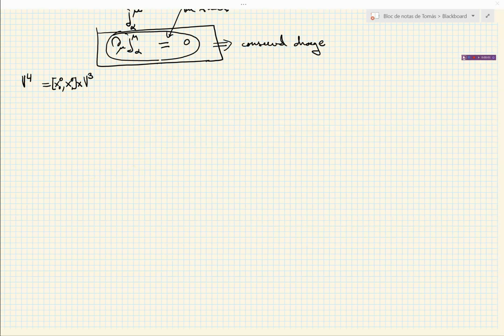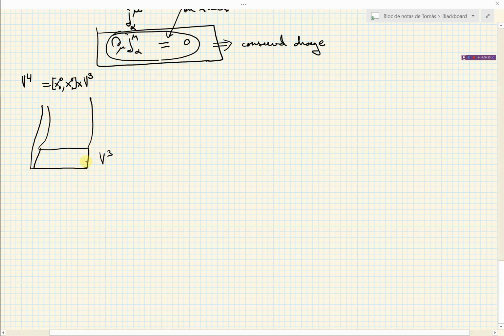This particular V4 can be visualized in this way. You have V3, which is always the same, its geometry doesn't change, it's some three-dimensional volume that evolves in time. And then if you start at the initial time x0_0, you end up at a later time x0_1. You also have V3 here, and this is the four-volume swept by V3 when it evolves in time, V4.